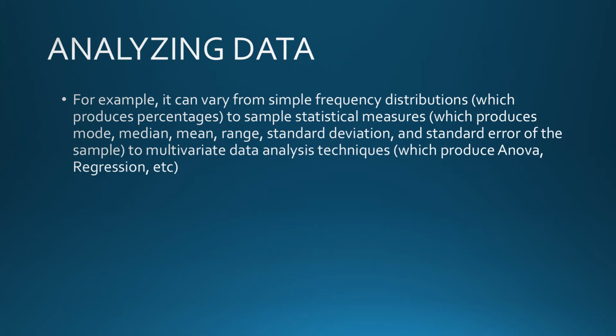For example, it can vary from simple frequency distributions, which produces percentages, to sample statistical measures, which produces mode, median, mean, range, standard deviation, and standard error of the sample, to multivariate data analysis techniques, which produce ANOVA, regression, etc.